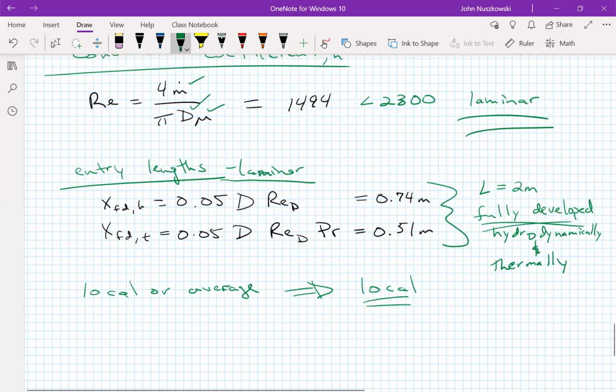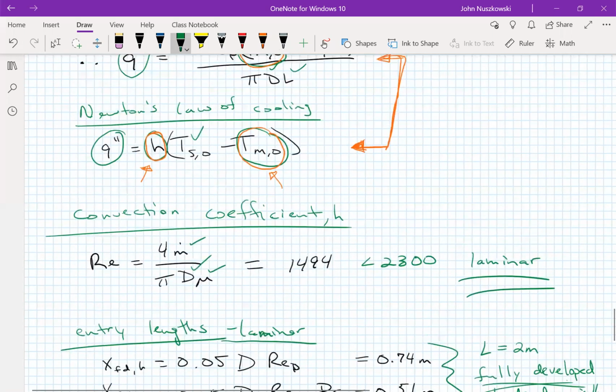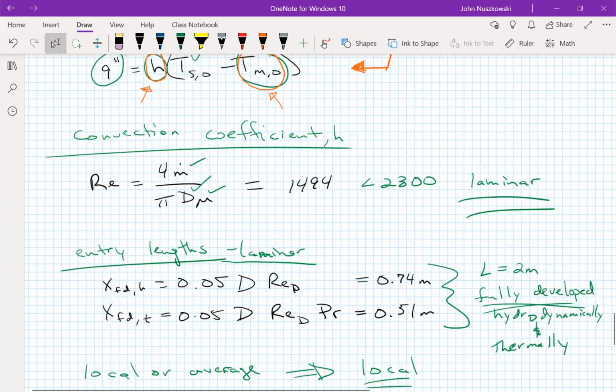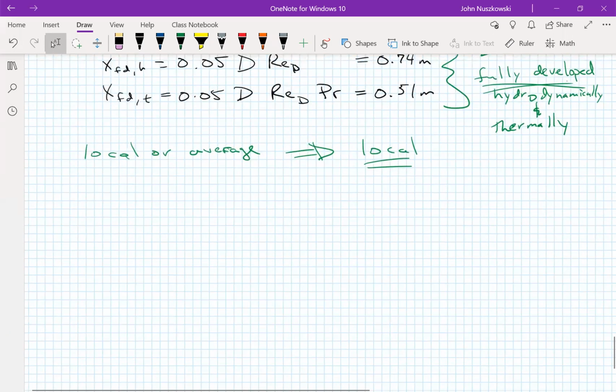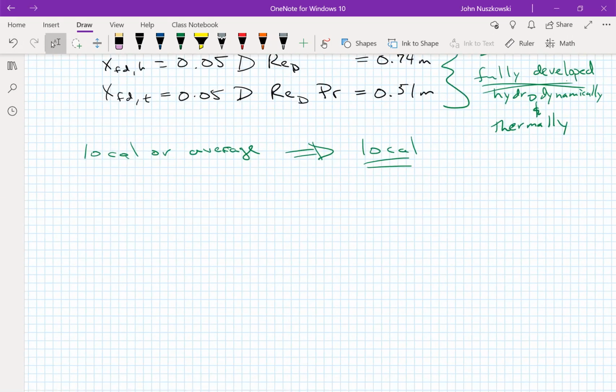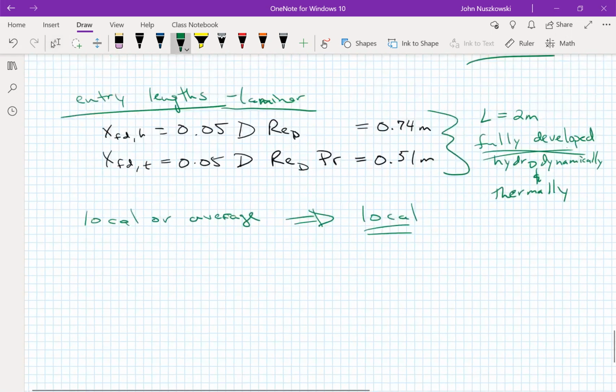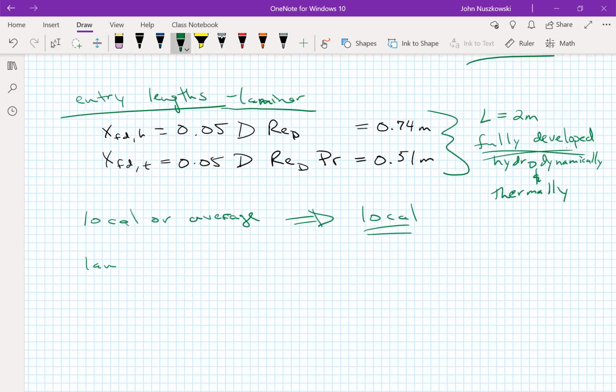We also have our boundary condition, which is our constant uniform heat flux, right? So laminar, fully developed, local, constant heat flux or uniform heat flux.